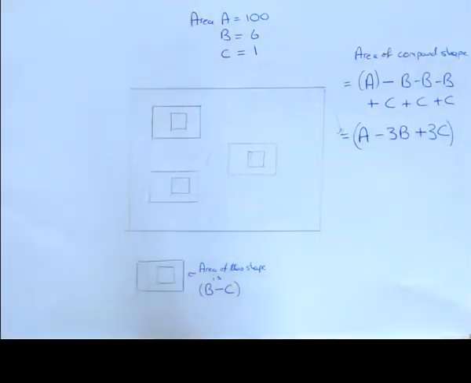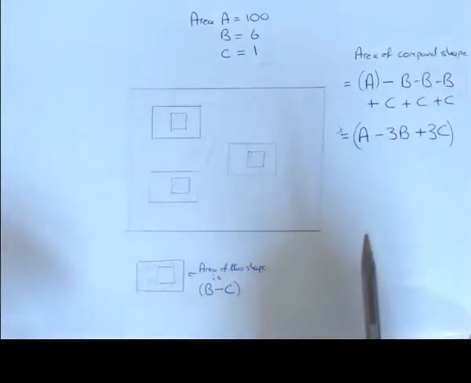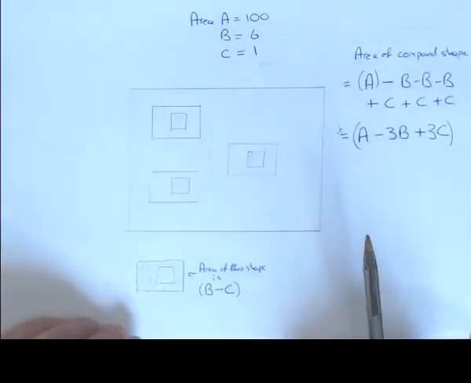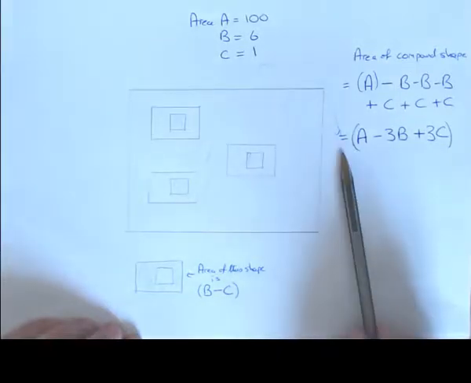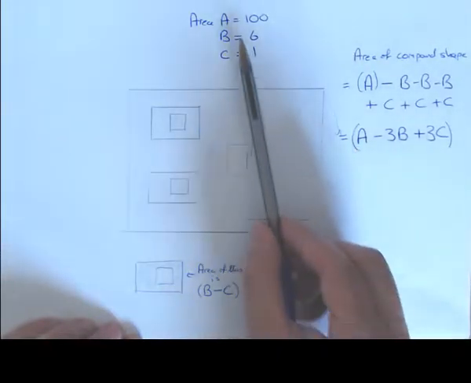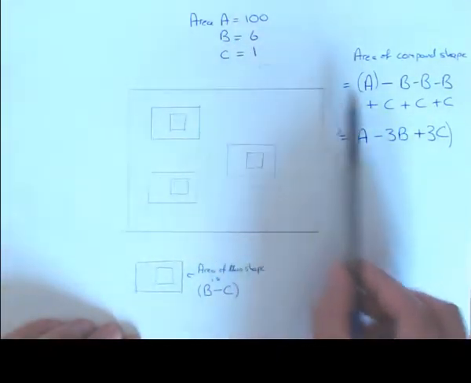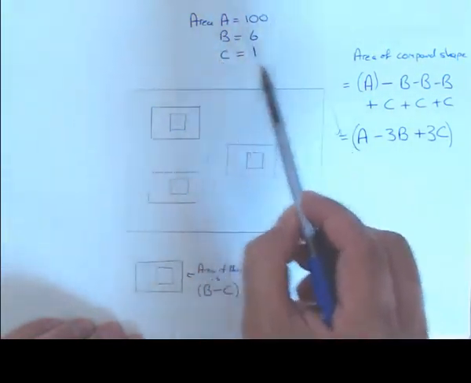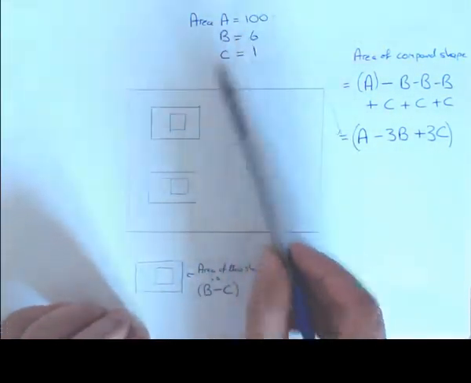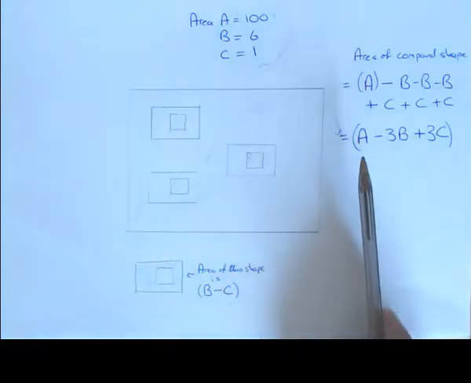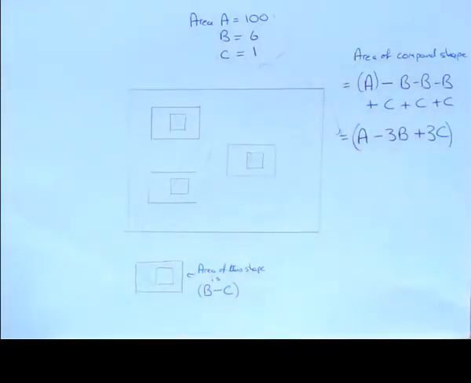However, we're getting the idea of us coming up with a formula. So instead of being told what the formula for something is, we're going to work out what the formula for something is. And then in different questions, we can be told what the different values are. So these values might change. But for the moment, we have a value A minus 3B plus 3C.